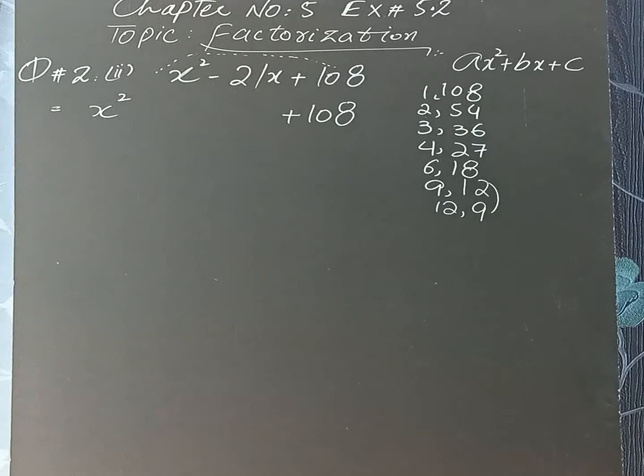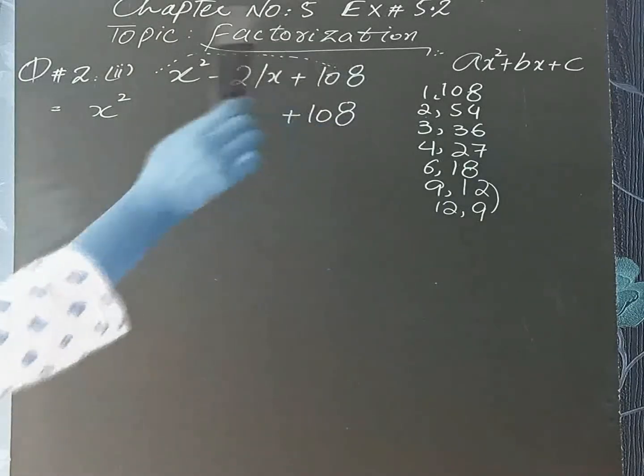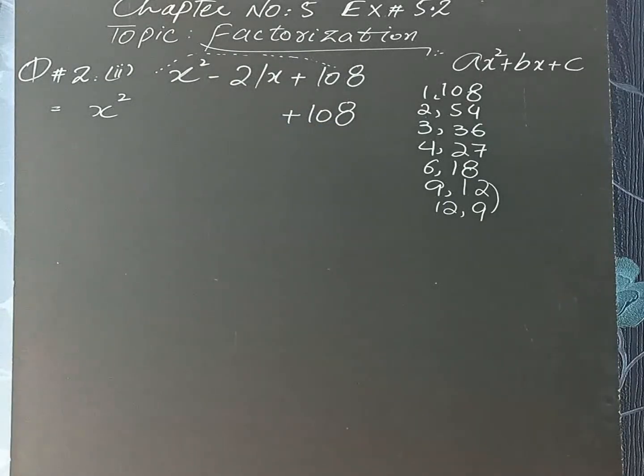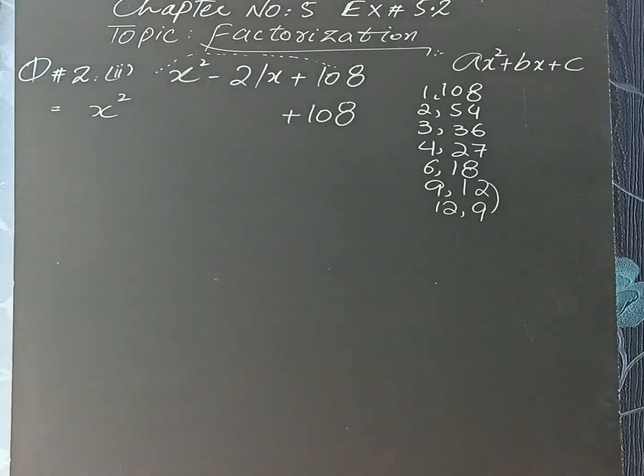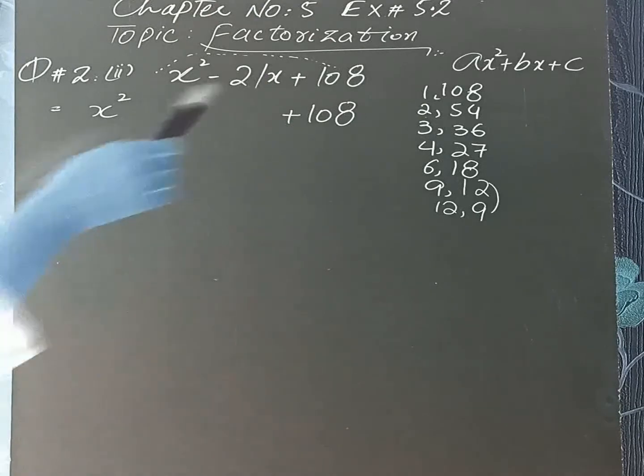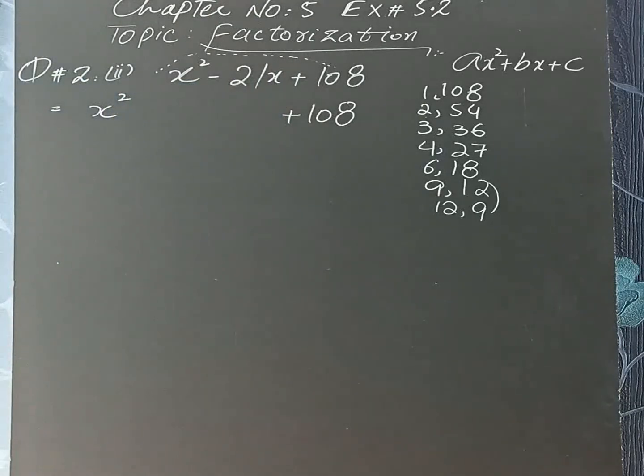So from these pairs now I will pick one pair to make the replacement of minus 21x. So I will break this middle term. Any pair that I pick from here, I will choose the pair which multiplies to give plus 108, and if we add or subtract, we should get minus 21x.